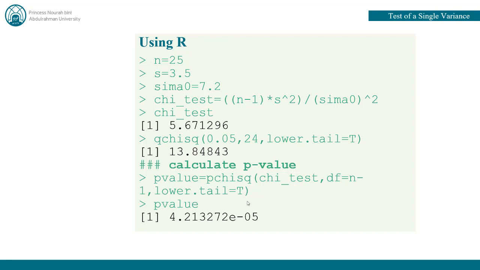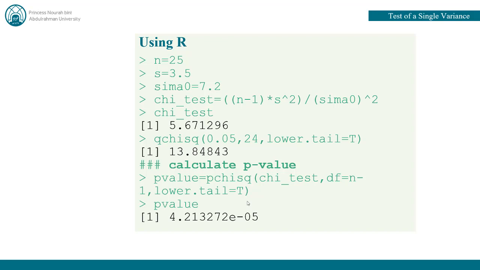Now we will use the chi-square built-in function in R, q chi-square, and enter our data. We put the level of significance, the degrees of freedom, and specify which tail we want to work in. Lower tail equal to TRUE, so to the left.